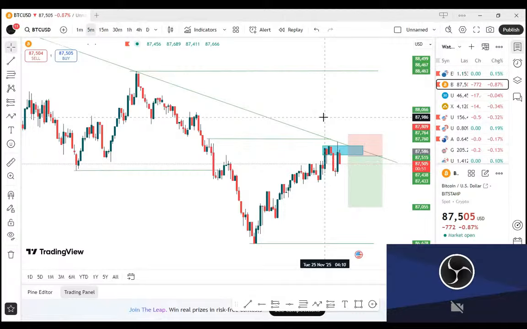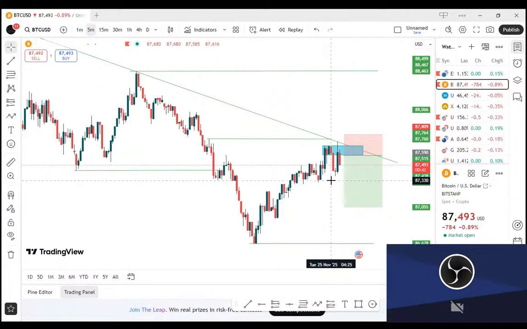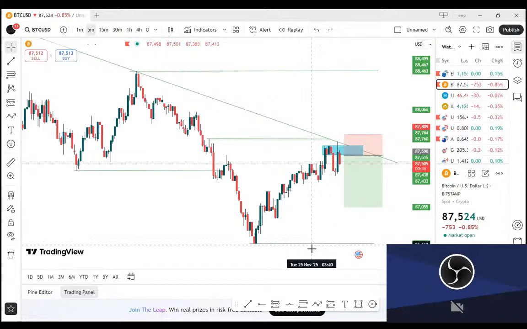But if this gives me a bearish candlestick, it shows that the sellers are heavily in the market and have left that zone aggressively, just to make a retracement there.